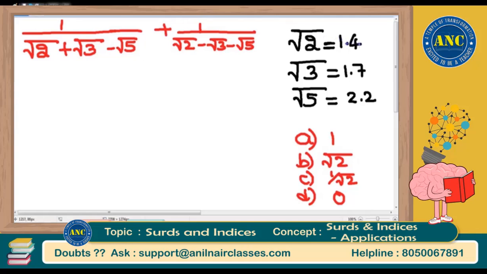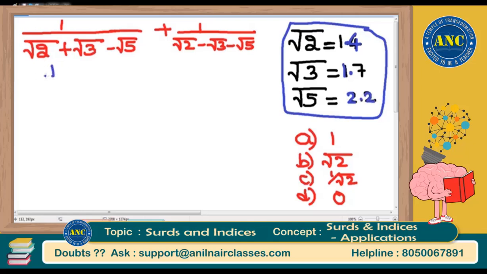And I have solved two extremely beautiful value-based questions in my previous class. Now see here, the denominator is root 2 plus root 3: 1.4 plus 1.7 is 3.1, minus root 5, 3.1 minus 2.2 is 0.9.